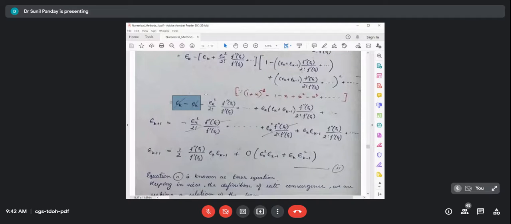So we have this one, epsilon k, because this is having second degree term in epsilon k, and this is also a second degree term in epsilon k. So we'll consider this because next terms are having third degree and higher degree terms in epsilon k, or in terms of product of epsilon k into epsilon k minus 1.